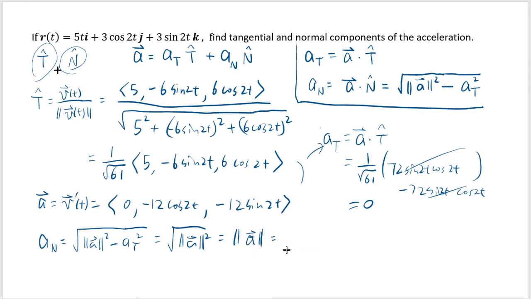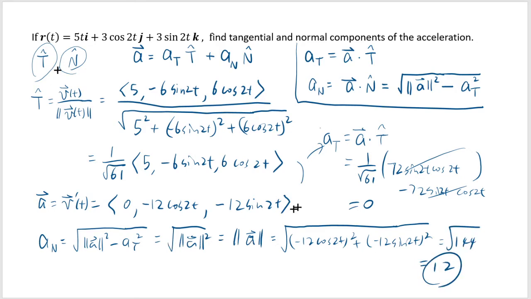So we have to take the norm of this, which is negative 12 cosine 2t squared plus negative 12 sine 2t squared. They become 144 cosine squared plus 144 sine squared, and because cosine squared plus sine squared is 1, you end up with the square root of 144, which is equal to 12. So the answer is that a_T is 0 and a_N is 12.